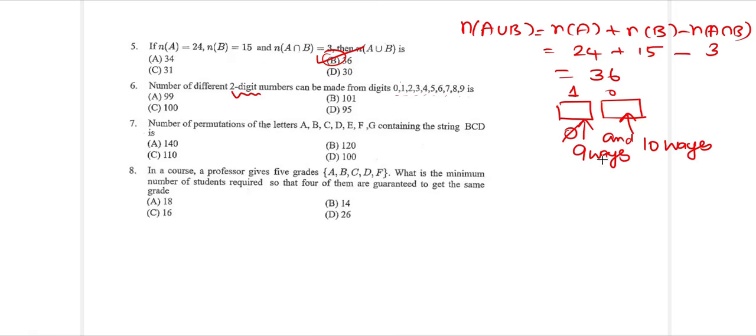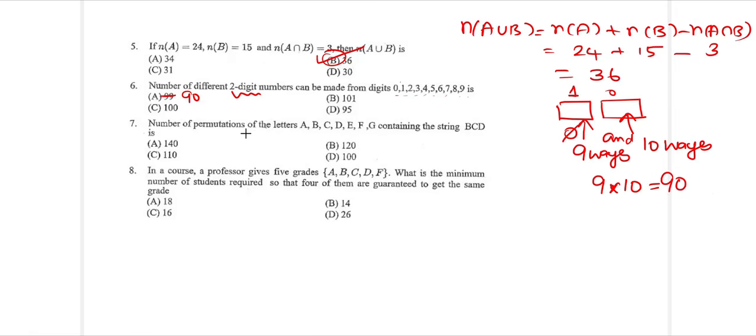The total combinations will be 9, and whenever you have an 'and' you have to multiply, and this is 10 ways, so 9 into 10, so the answer is going to be 90. But we see that none of the answers over here tally. Obviously this has to be 90, but it must have been a misprint. So go for the concept, the answer is going to be 90 over here.